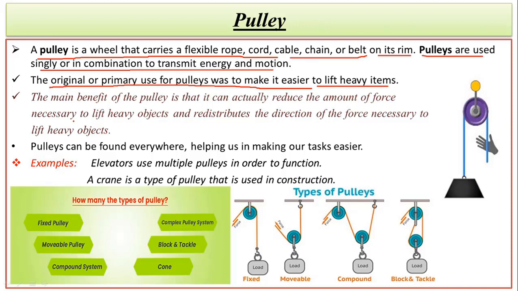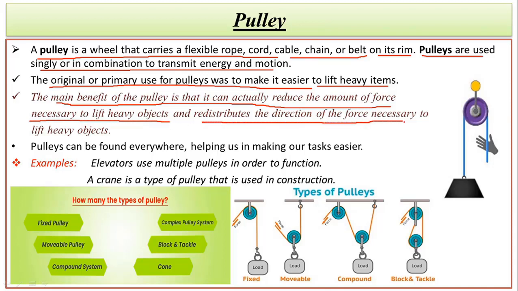The main benefit of a pulley or a pulley system is that it can reduce the amount of force necessary to lift heavy objects and redirect the force necessary to lift heavy objects from one place to another. You can see pulleys in many places, such as in an elevator and in a crane.